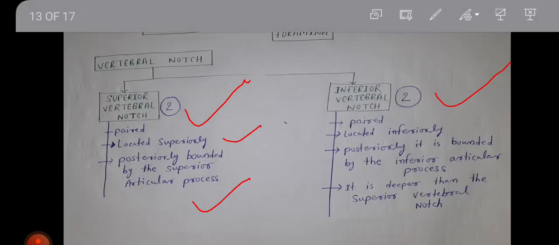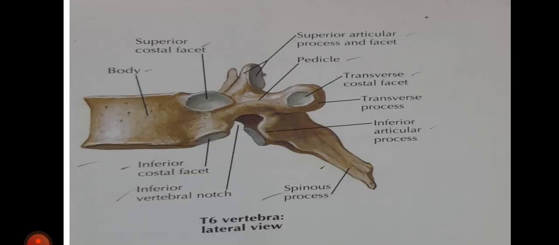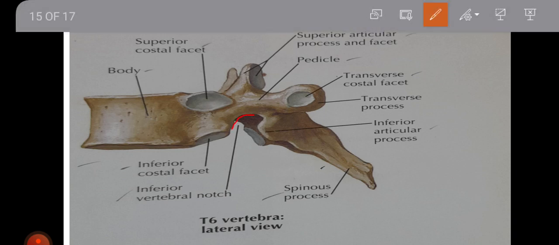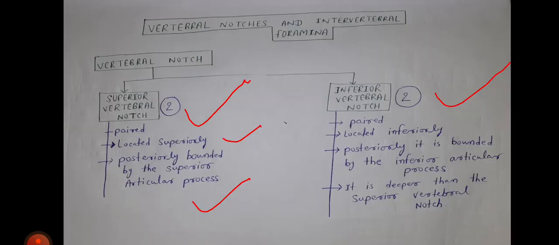Next is inferior vertebral notch. Inferior vertebral notch is also paired, but it is located inferiorly, as the name suggests. So it will be located inferiorly. In the next image, you can see that this notch is the inferior vertebral notch, and posteriorly it is bounded by the inferior articular process.